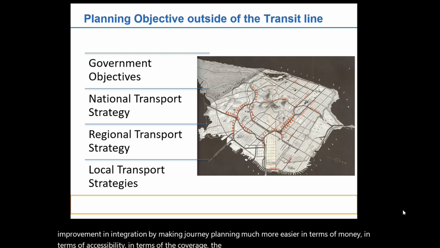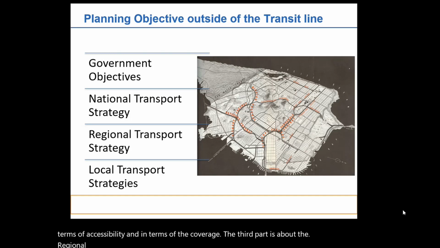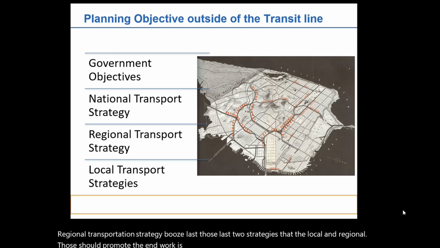The third part is about the regional transportation strategy. Those last two strategies, the local and regional, should promote and work as short-term goals to fulfill the national strategy vision.